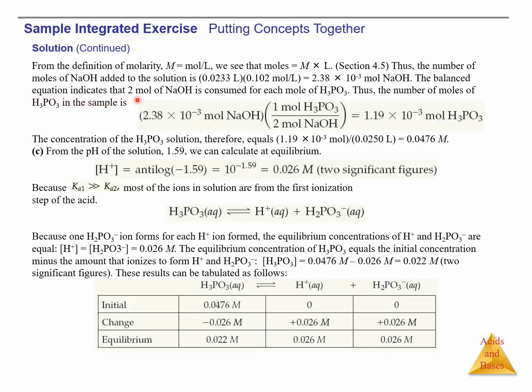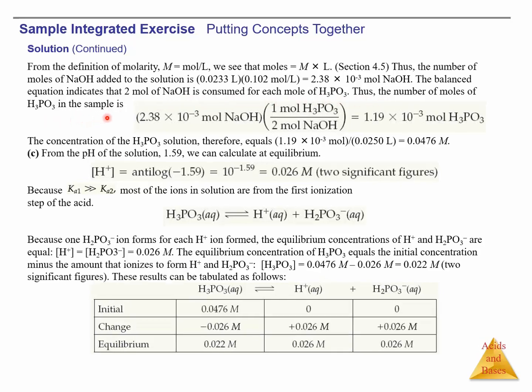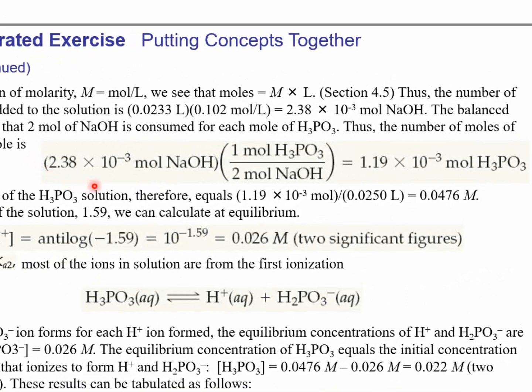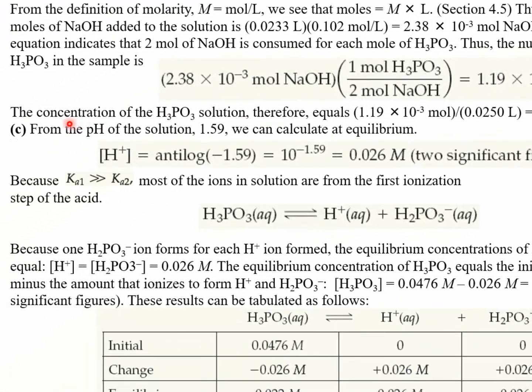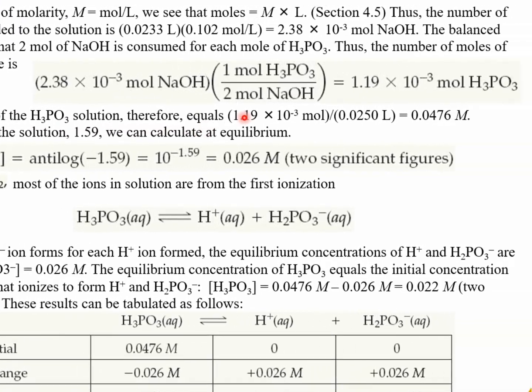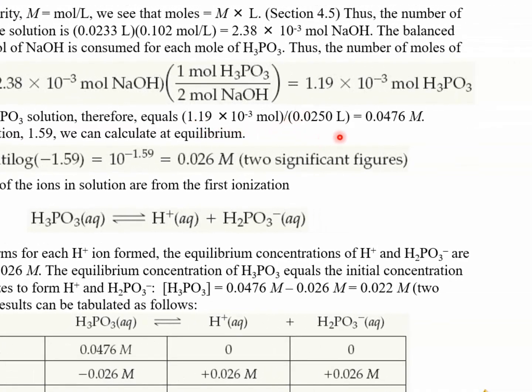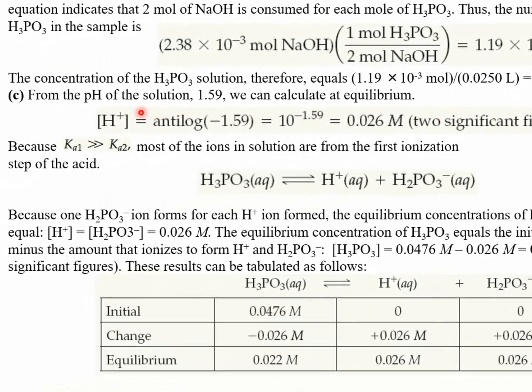But the balanced equation indicates that 2 moles of NaOH are consumed for each mole of H3PO3. Thus, the number of moles of H3PO3 is this times 1 divided by 2. Now, the concentration of H3PO3 solution, therefore, equals this divided by the volume in liters, 0.0476 molar. This is the concentration.